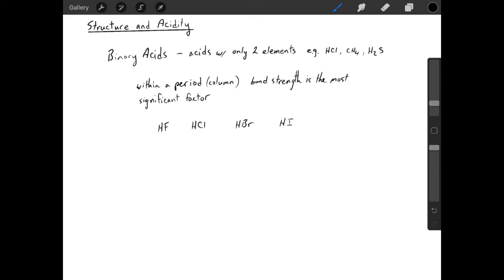So within a period, the bond strength is the most important factor. We'll look at the binary acids containing halogens. So HF has the strongest bond, and HI has the weakest bond, and we can see that HF is a weak acid, and HI is a strong acid.